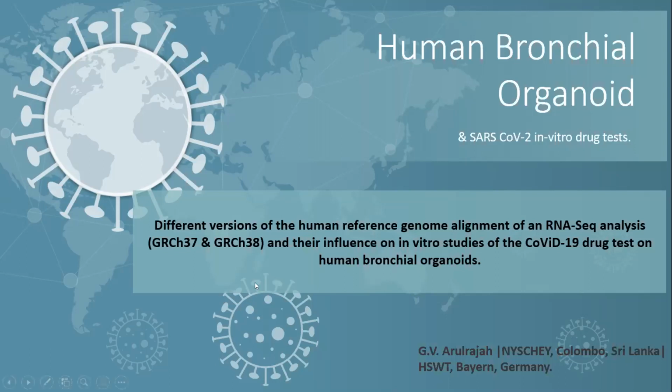I had a doubt, like during the transcriptomic course, I learned a lot of things about sequencing and reference genomes and all. So I had a doubt whether different versions of the human reference genome could impact the studies. So I found exactly a good topic which I could learn more from. So I chose this topic.